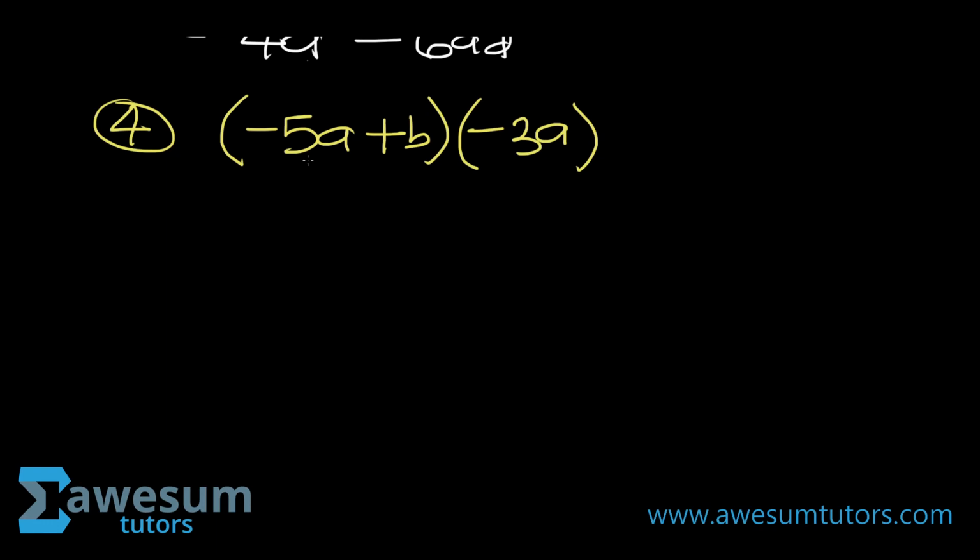That means negative 5a is going to multiply negative 3a, and positive b is going to multiply negative 3a. Now let us multiply that out.